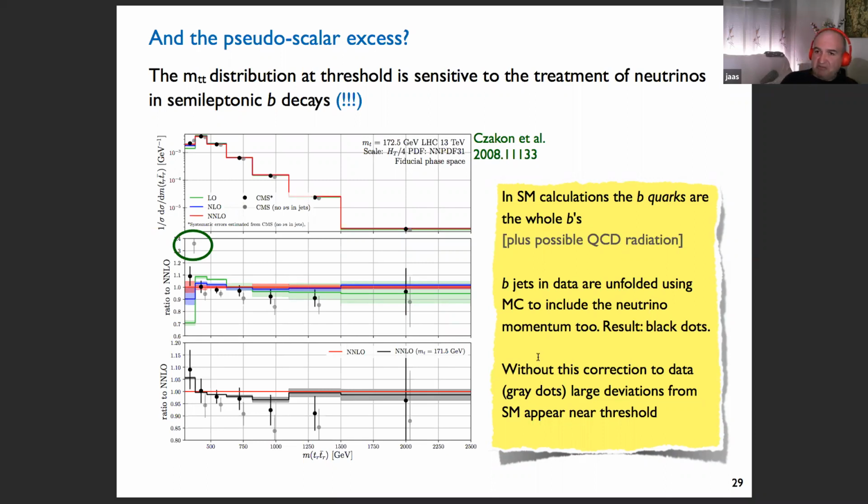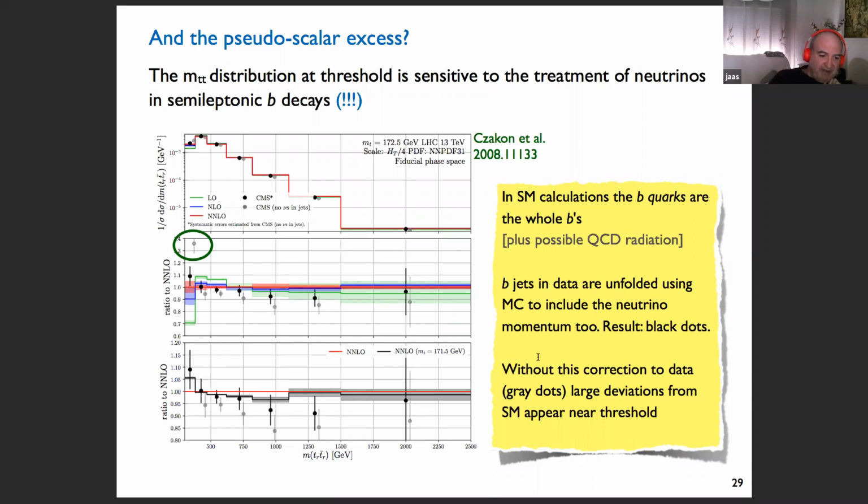You have the B quarks and the momentum, and so on. When experiments measure it, they measure the momentum of the B, and in some cases you have a semileptonic decay and some neutrino escaping. So this is not precisely the momentum that the B quarks have.